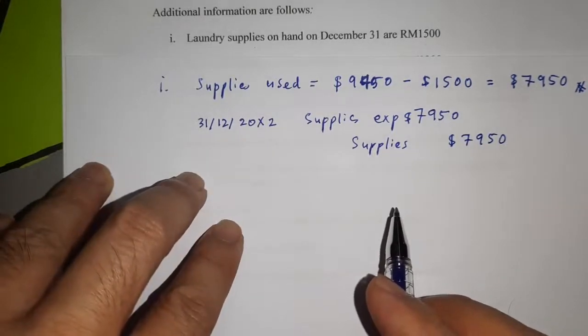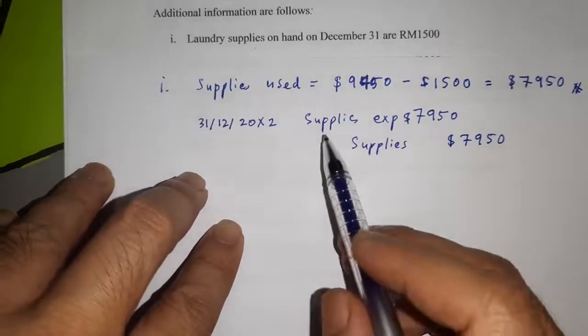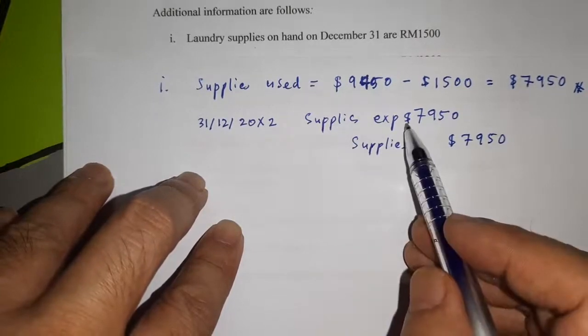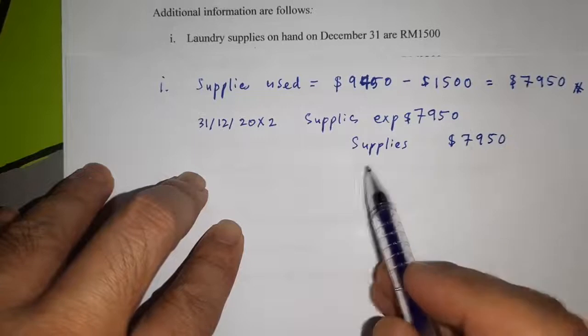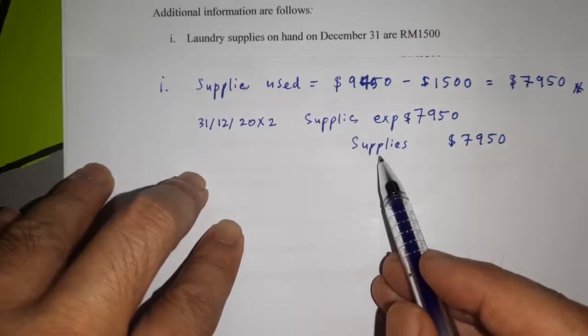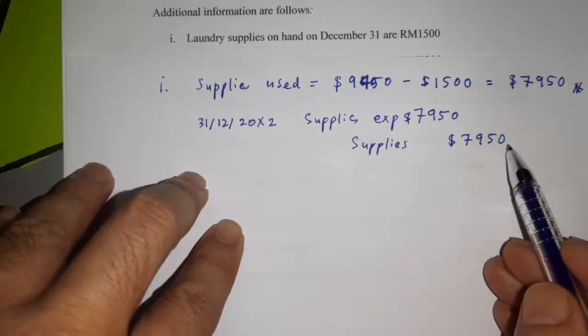The adjusting entry for supplies is always like this. You record the supplies expense, so you debit the supplies expense account, and then you credit the supplies asset account by the same amount.